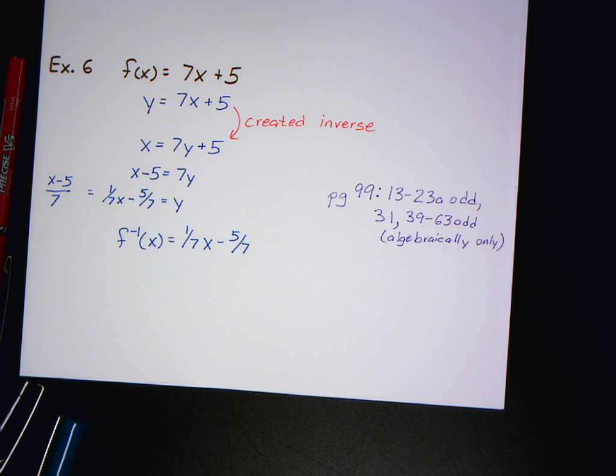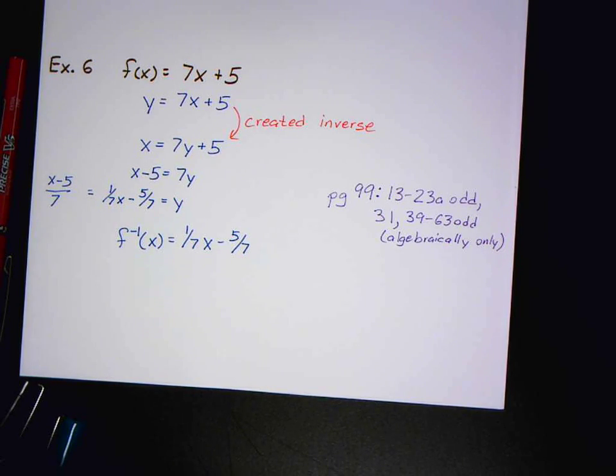Okay, pretty much throughout this, they're going to ask you to do it algebraically and graphically. I'm not asking you to graph anything. So 13 through 23 has a part A and a part B. Part A asks you to do it algebraically, part B asks you to do it graphically. So on 13 through 23, you only have to do part A.